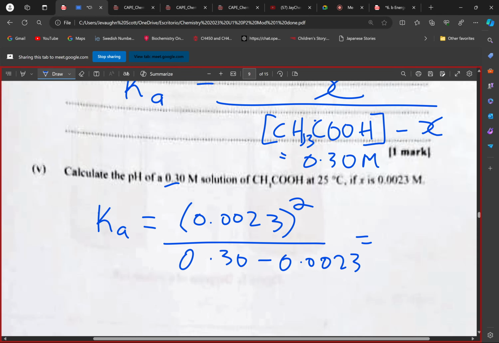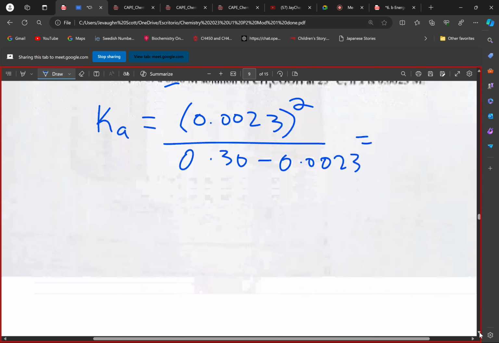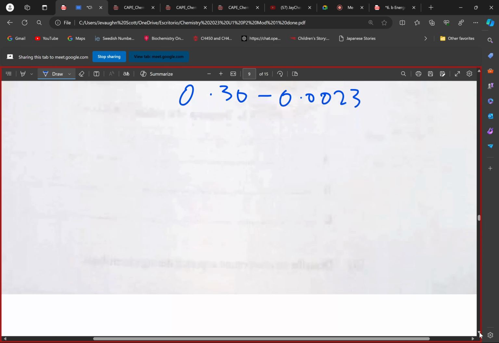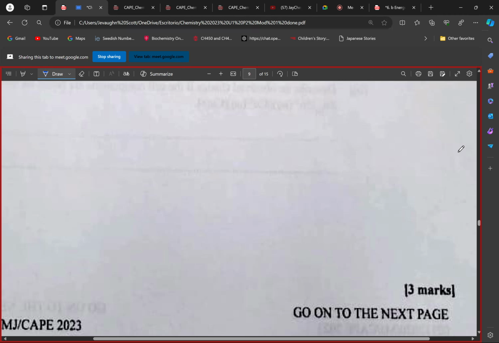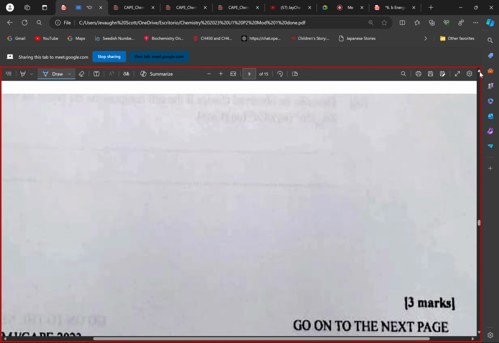So we can get the Ka from that, but do we need the Ka in order to find the pH here? No, sir. You just need to use the regular pH formula and plug in the value for x. Alright, lovely. Isn't that what you're supposed to do? Yes. 3 marks. Plug in to get 3 marks.